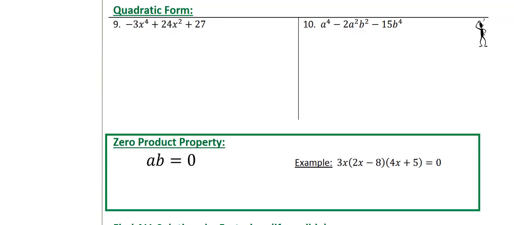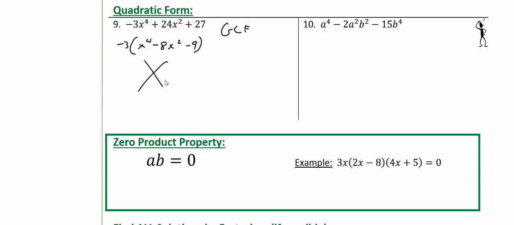All right, here we go. Let's keep going with some quadratic form. Factor out again. Remember, GCF is first, always, always, always. So I can take out a negative. When a is negative, always pull out that negative. What else do I have? I have x to the 4 minus 8x squared minus 9. Sweet. I've already had that video, so I don't want to show you that one again.